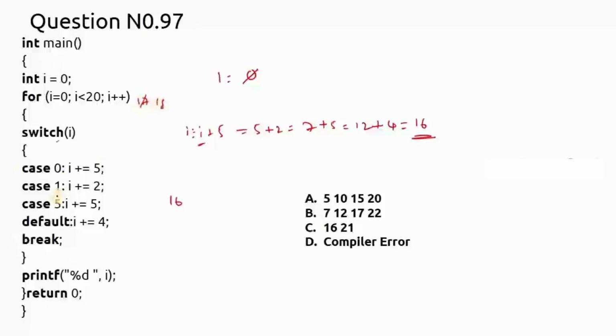Next I becomes 18, not there. 19, not there. 20 is also not there. Now I value will become 21. If you consider this condition, is 21 less than 20? No. So this condition is false, and it will come out of the for loop. Here it will come to this printf, %d of I, that is 21. So the output will become 16, 21. The answer is C.